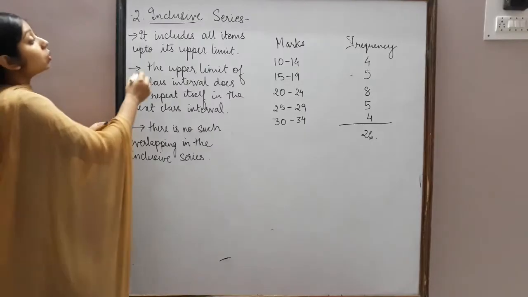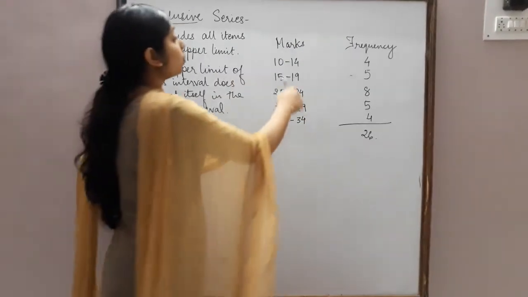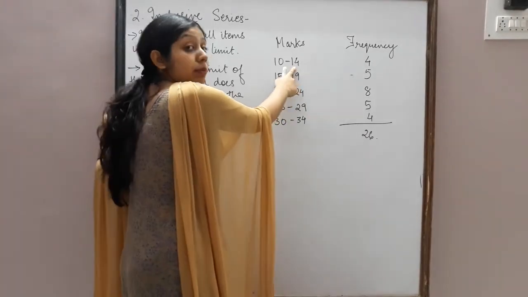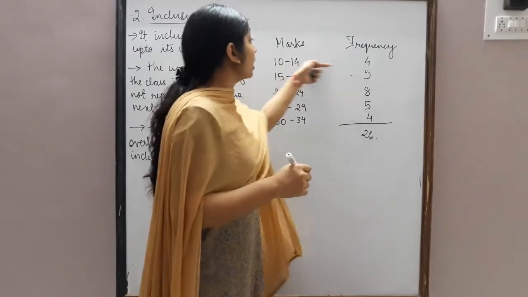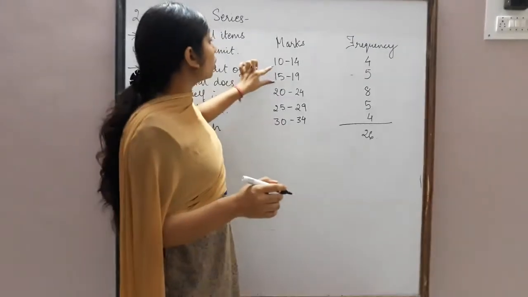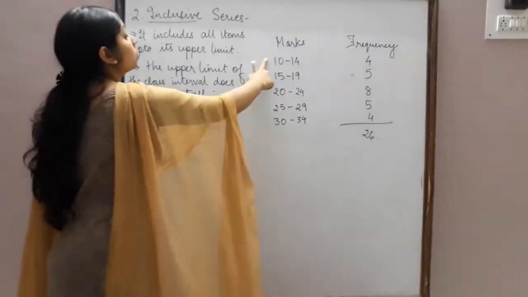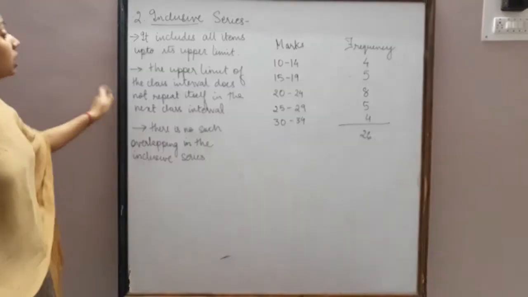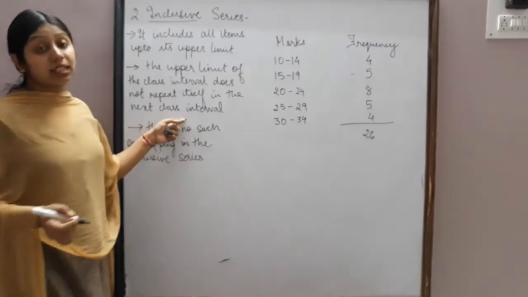Now, it includes all items up to its upper limit. That means the item with the value 14 is also included in this very interval. In the exclusive series, the upper limit used to be the lower limit for the next class interval. But over here, there is no such thing taking place, right? The upper limit of the class interval does not repeat itself in the next class interval.